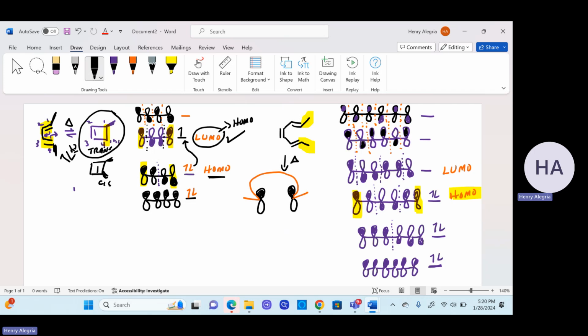So I need for this one on the left for the shaded one to be on the right. So that means I'm going to rotate clockwise. When I rotate clockwise, that places the shaded one on the left, the unshaded one on the right, and my methyl group will end up pointing up.